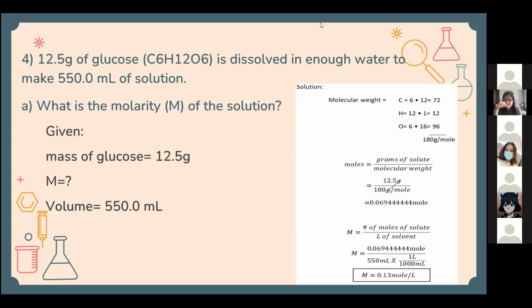Therefore, we have to solve first for the number of moles. Our formula for getting the number of moles is moles equals grams of solute over molecular weight. Again, if we look at the given, we already have the grams of solute, which is 12.5 grams. But we don't have a value for the molecular weight.